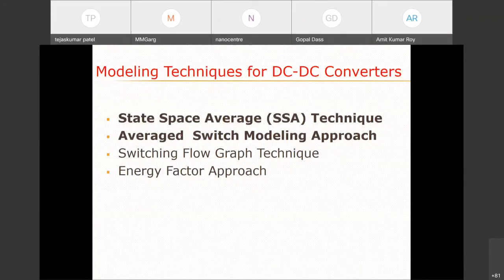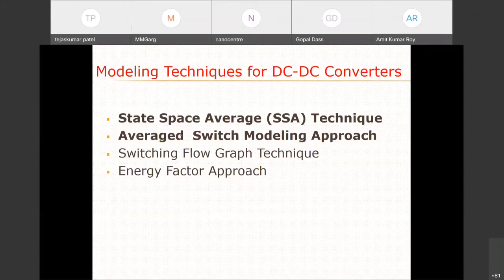Once our controller is found and we are satisfied with implementing that controller on the model, then we develop a small prototype of the same system on which we actually want to implement the controller.